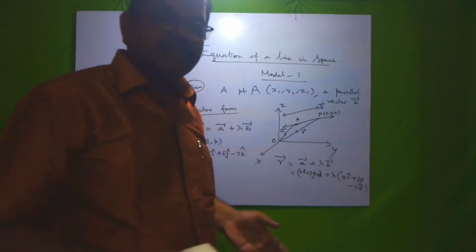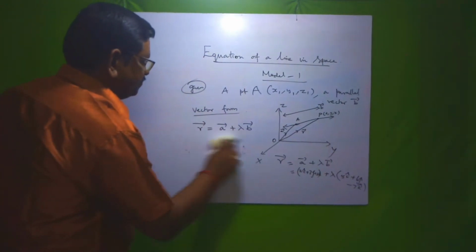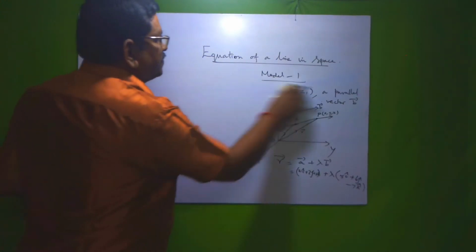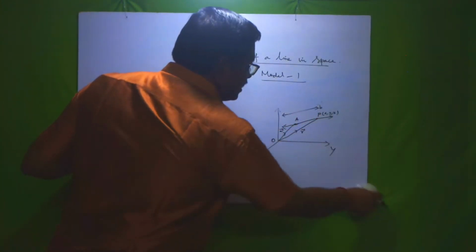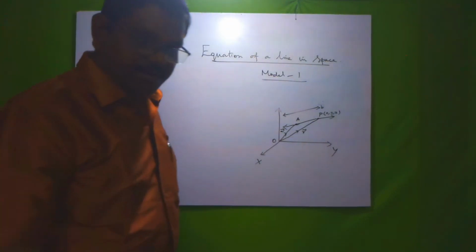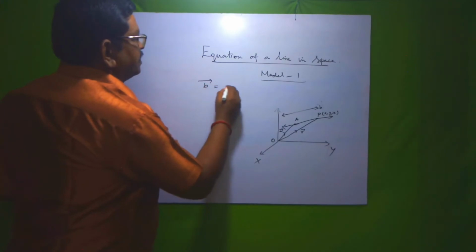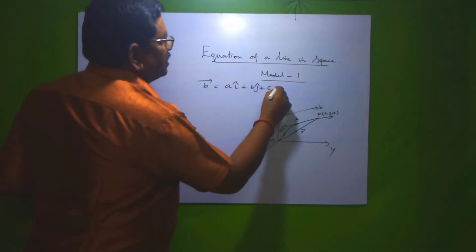The same if you want to find in the Cartesian form, slightly we make the changes. Already in our previous class we discussed the direction ratios and direction cosines. Suppose here B vector is given, say B vector is equal to ai plus bj plus ck.